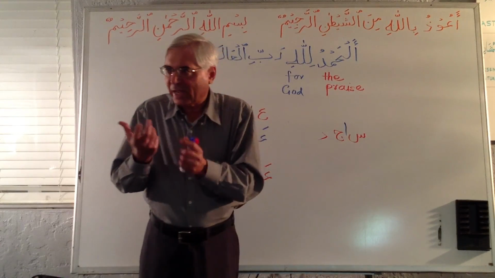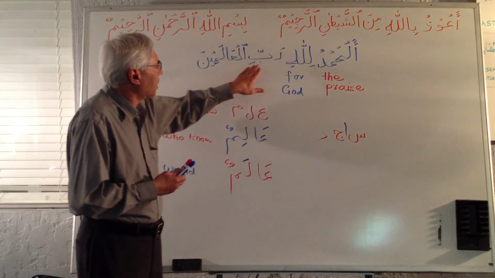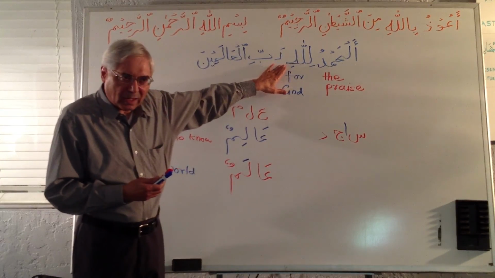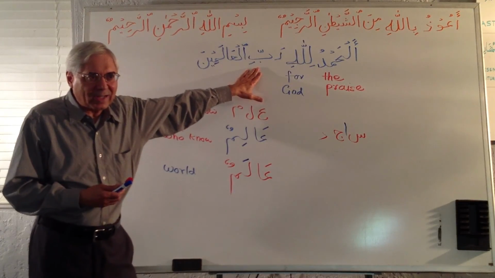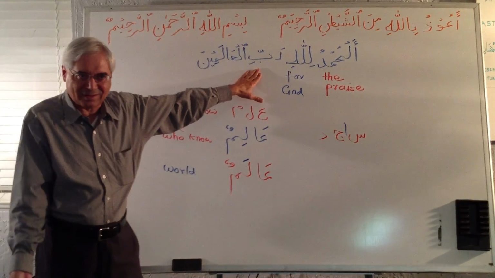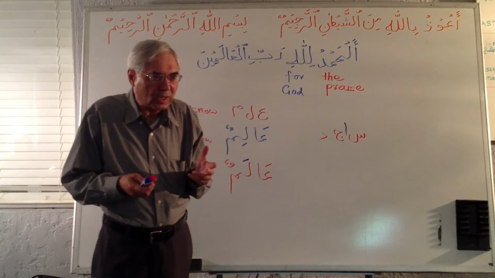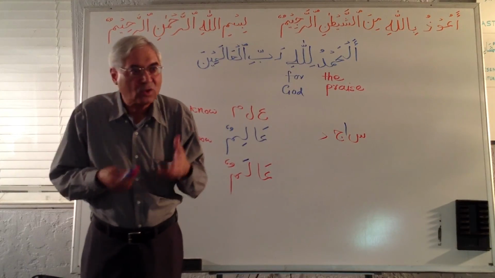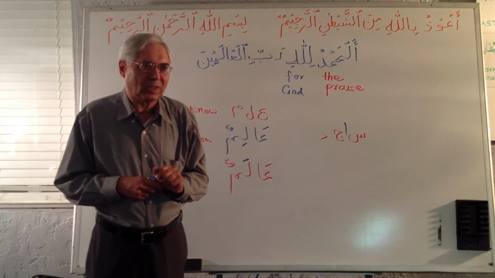Here, the word is Allah, and its sifat, its quality, is Rabb. Allah, the Sustainer. Sustaining is the sifat, Asma'ul Husna of Allah subhanahu wa ta'ala, an attribute, an adjective of Allah subhanahu wa ta'ala.